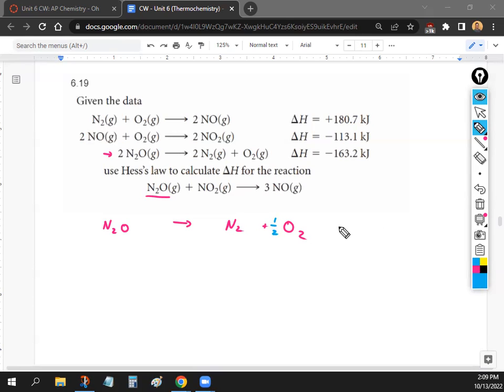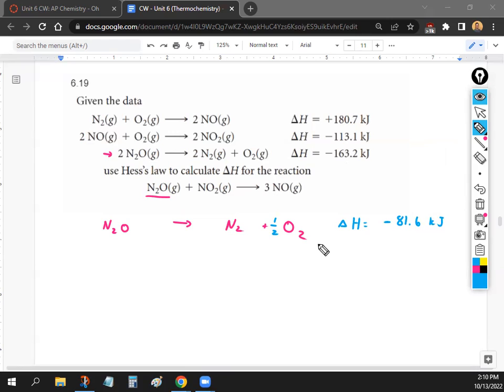Now, in terms of Hess's law, you can use fractions for these chemical reactions. Usually you can't, but here we can. The only thing we need to keep in mind is that we want to divide the enthalpy by 2 as well. So we take the negative 163.2 and divide it by 2, and that's going to give us negative 81.6 kilojoules.